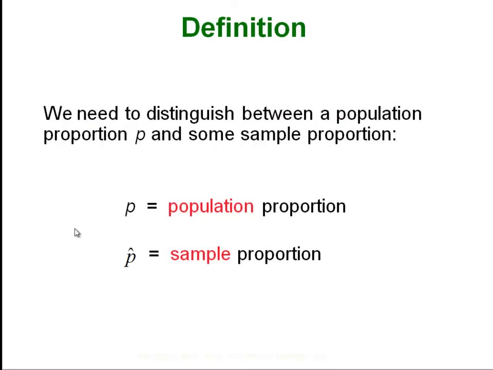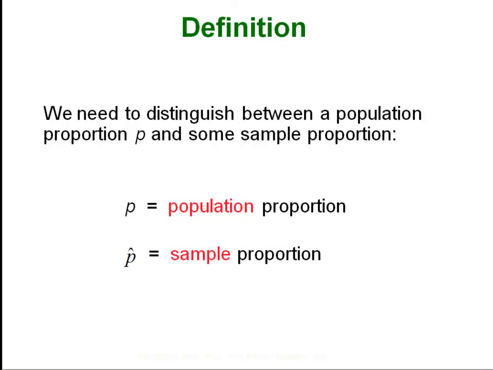We need to be very careful when we're dealing with proportional data, because we've seen p's before for probability and stuff like that. Just know that when you normally see a p in statistics, it's most likely talking about proportions, because we don't do a lot of work with probabilities. So the p by itself, and sometimes it's a capital P, but usually it's still lowercase script italicized p, that's the population proportion.